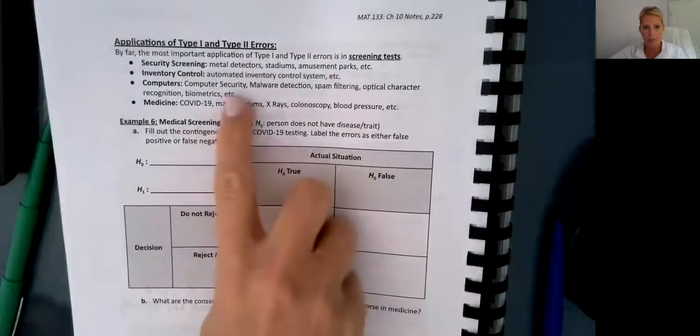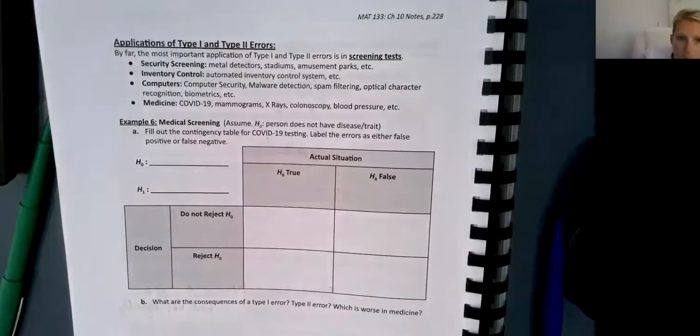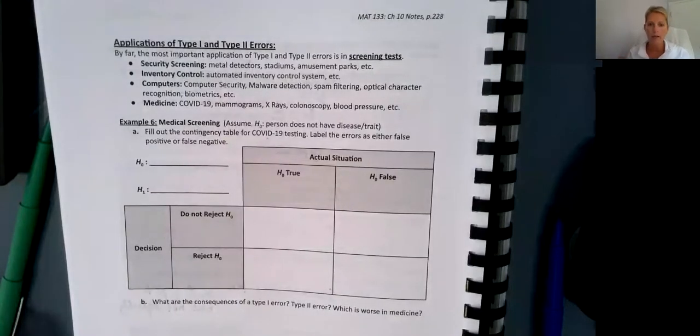One is security screening, metal detectors, stadiums, amusement parks. Sometimes they use it in inventory control, automated inventory control system. Computers, they use it for computer security, malware detection, spam filtering, optical character recognition, biometrics, and also in medicine.